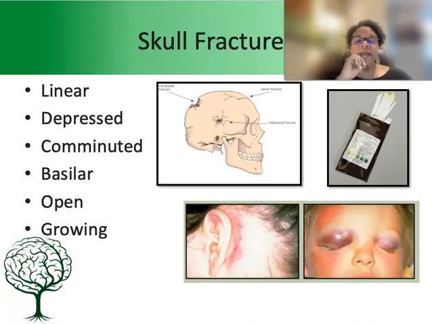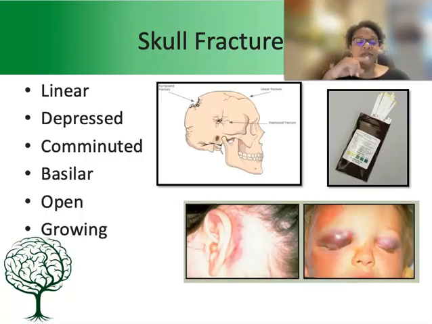So they usually have to go in to pull out those fragments and get a surgical repair of the cranium. Comminuted fracture is multiple linear fractures, okay, and is very highly suspicious of child abuse. That means that there are multiple linear fractures that we see. They could also be at different stages of healing as well.